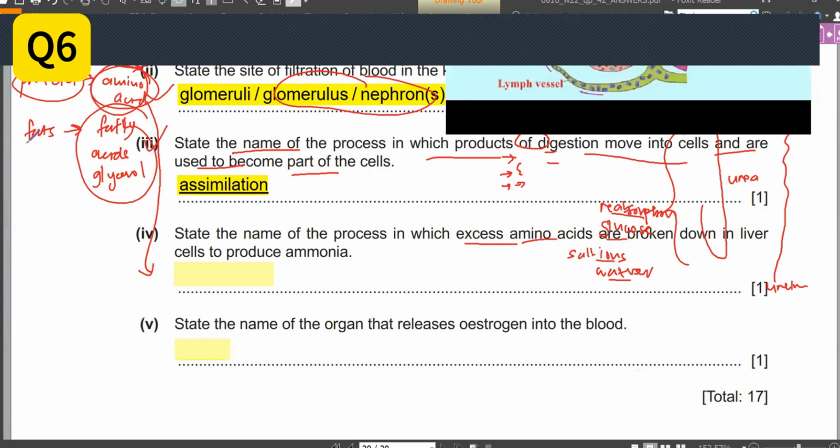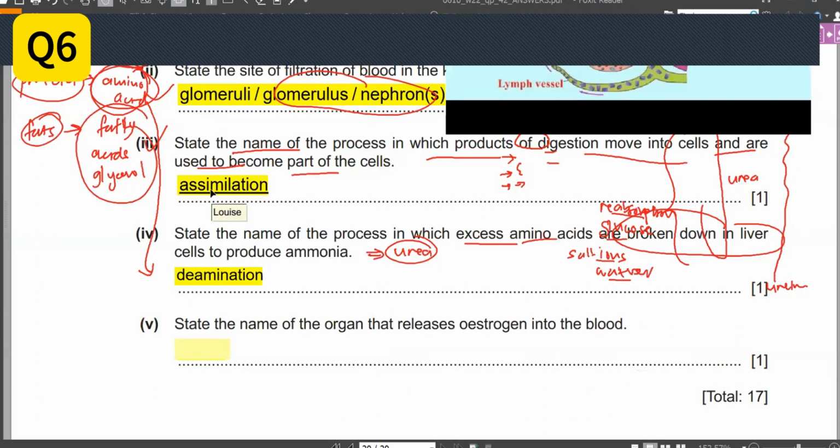Fats and sugar we can store, but amino acids we cannot store, so we need to get rid of them. They are broken down in the liver and finally become urea to be removed in the urine. This breaking down process happens in the liver, and we call it deamination.